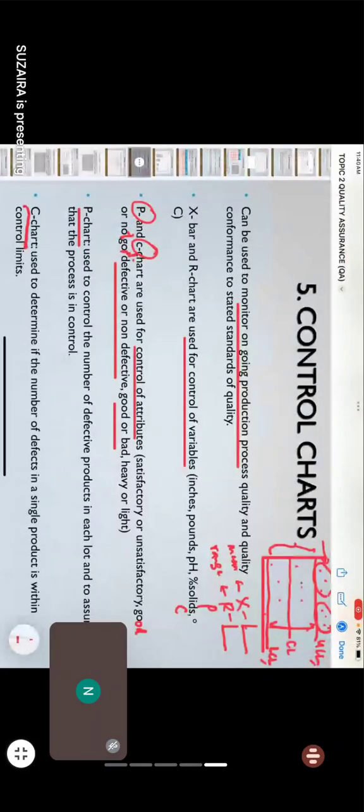The P chart measures defective products in one lot. So remember, defective products in one lot. You want to conclude whether the products you produce are accepted or considered bad. Whereas the C chart is used to determine defects in a single product; it is focused on a single product.